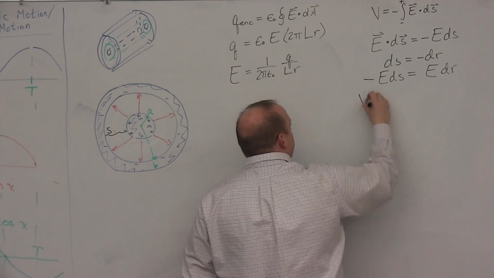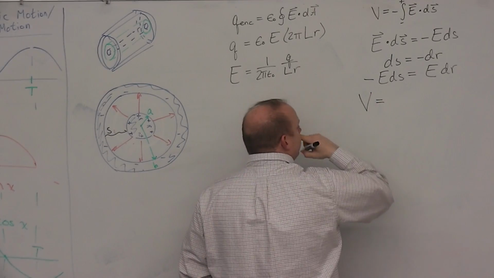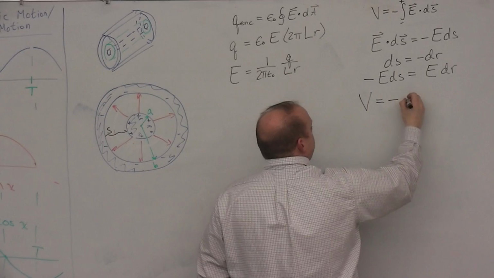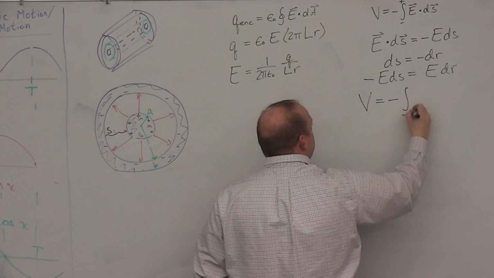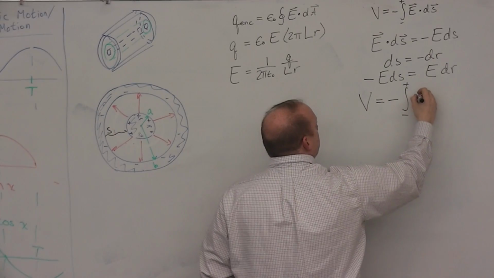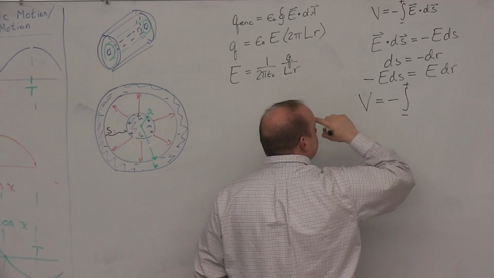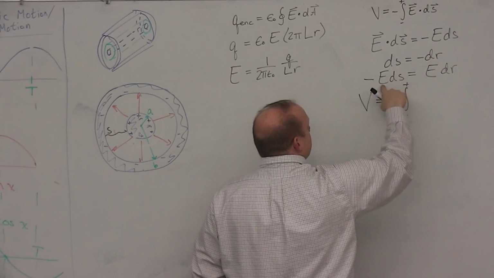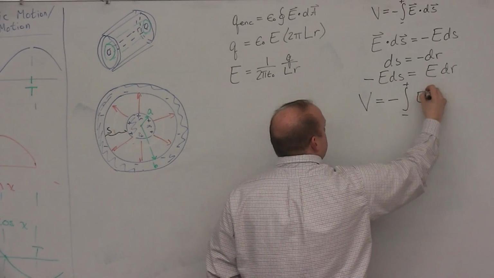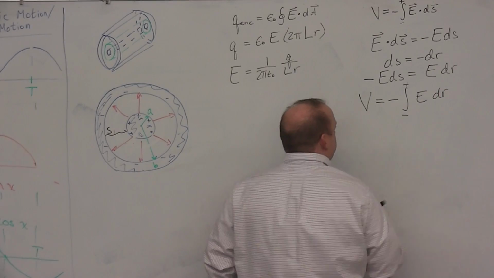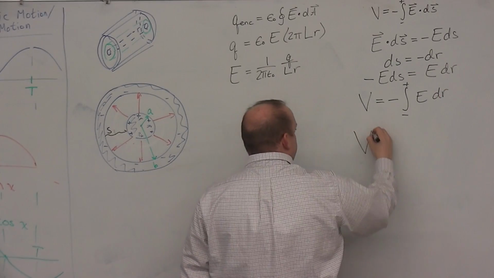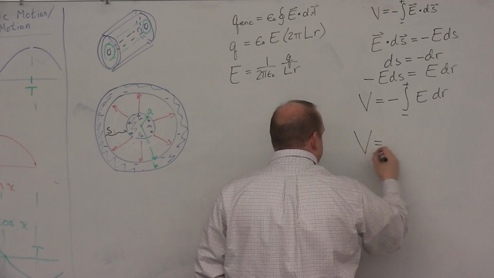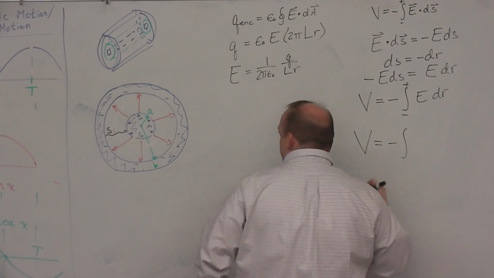So now what I have here is that my voltage will equal negative integral from negative to positive of, so I've got negative E ds, so I've got E dr. So now I plug in, my voltage will equal negative integral from negative to positive.